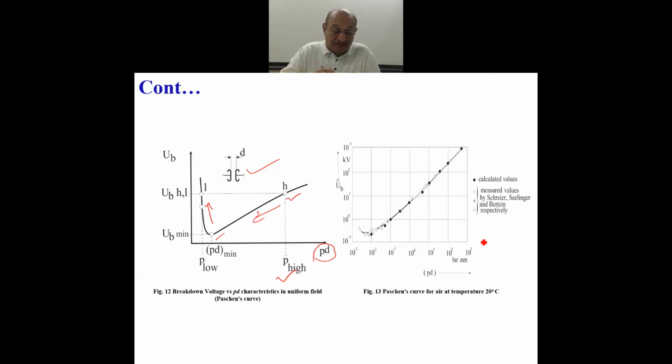This was the schematic explanation, and people have measured this curve here. This is a Paschen curve for air at temperature 20. The dots are the calculated values, and these circles are the measured values, and they are very much the same.